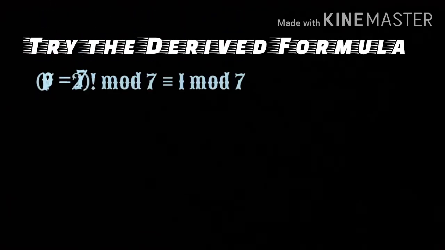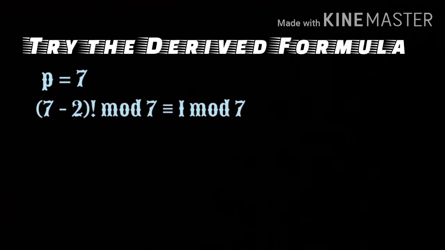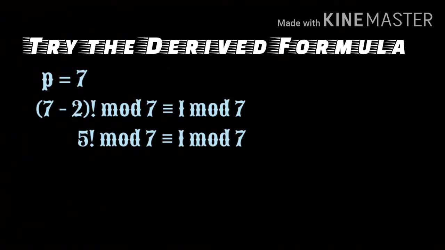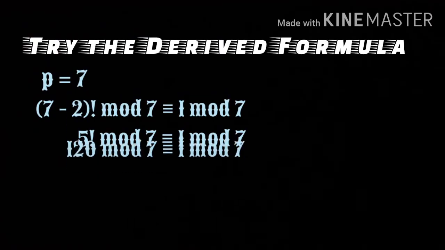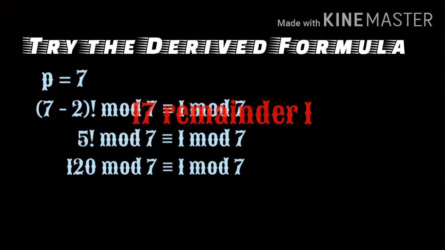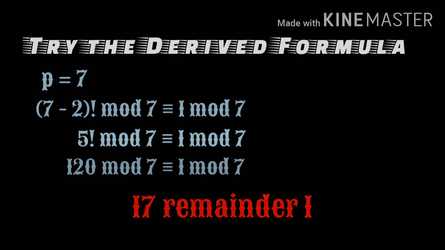So we have (7 minus 2) factorial mod 7 is congruent to 1 mod 7. 7 minus 2 is equal to 5, so we have 5 factorial mod 7 is congruent to 1 mod 7. 5 factorial is equal to 120. So we have 120 mod 7 is congruent to 1 mod 7. 120 divided by 7 is equal to 17 remainder 1.